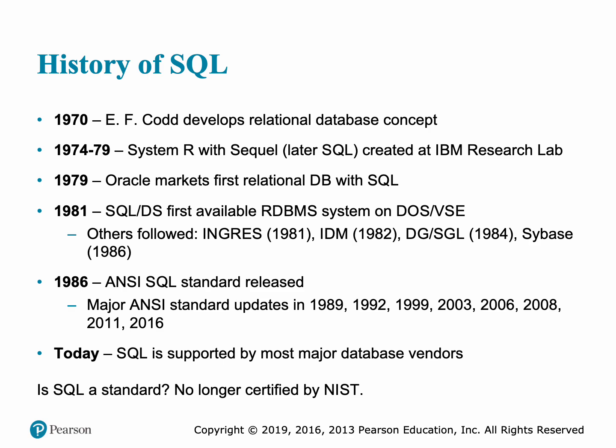SQL-92 was a major revision and was structured into three levels: entry level, intermediate level, and full level. SQL 1999 established the core level of conformance, which must be met before any other level of conformance can be achieved.